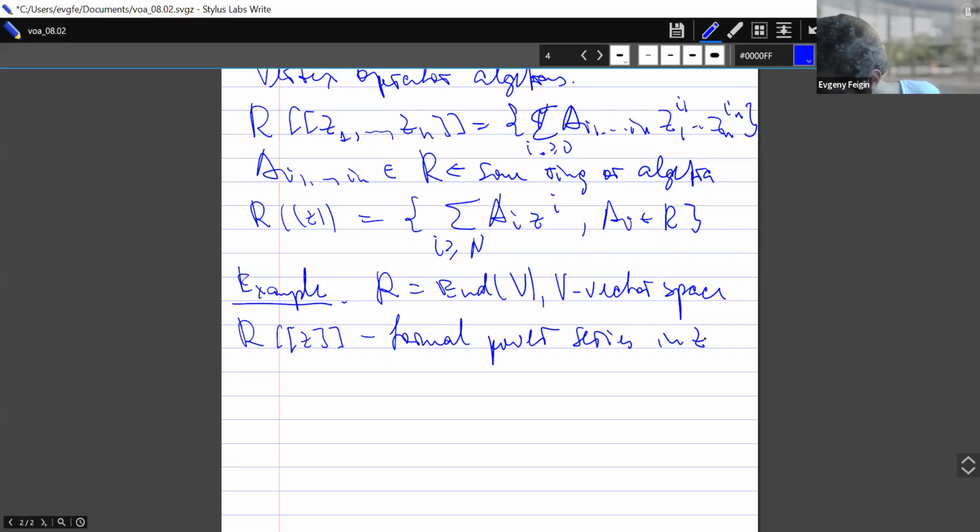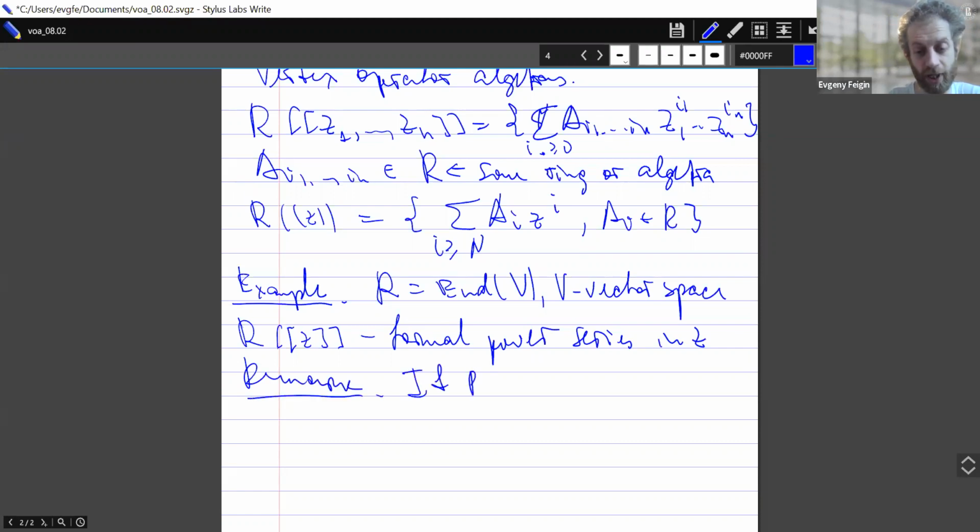Maybe that's it. And maybe one more remark: if R is a field, then R of Z is a field as well.